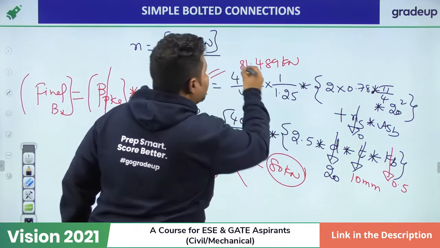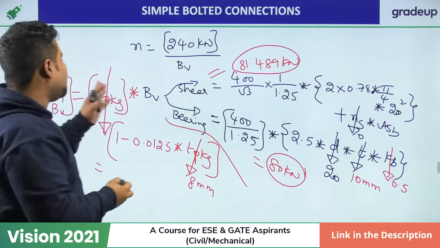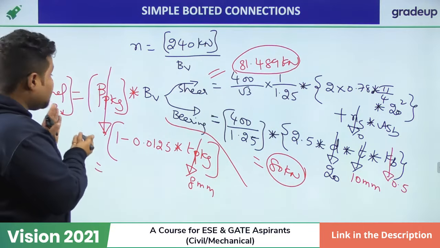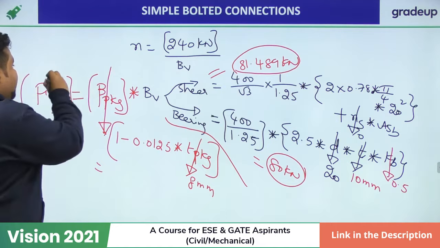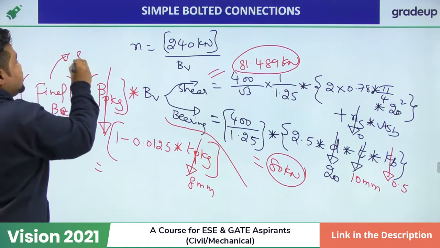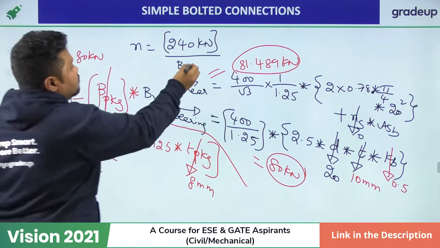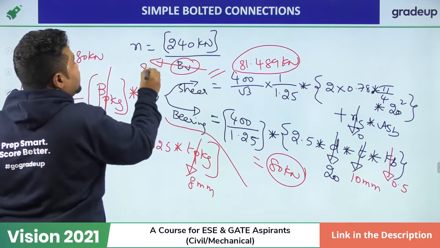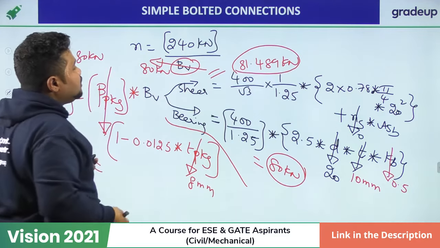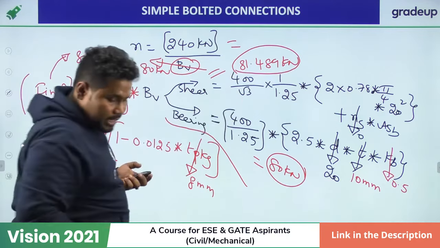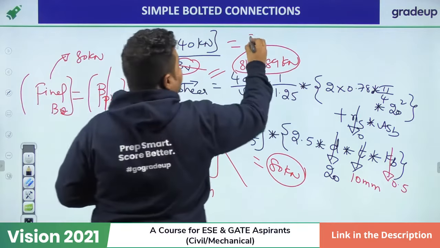Out of 80 kilonewton and 81, the least value only I need to consider as the final bolt value. So the final bolt value I am finalizing as 80 kilonewton. So the number of bolts required in the connection is 3 bolts.